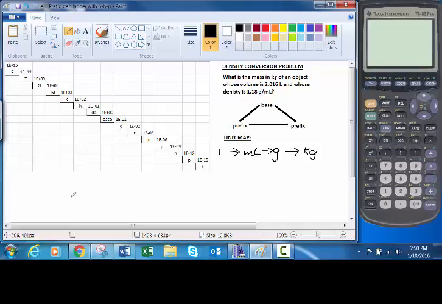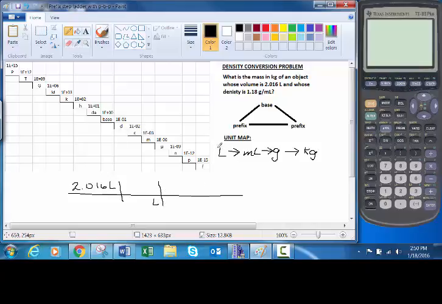Let's create a conversion table for the information. The question gives us the number 2.016 liters. And even if we don't know anything else, if we have the unit of liter on top, that is the unit that must go to the bottom of our conversion table.